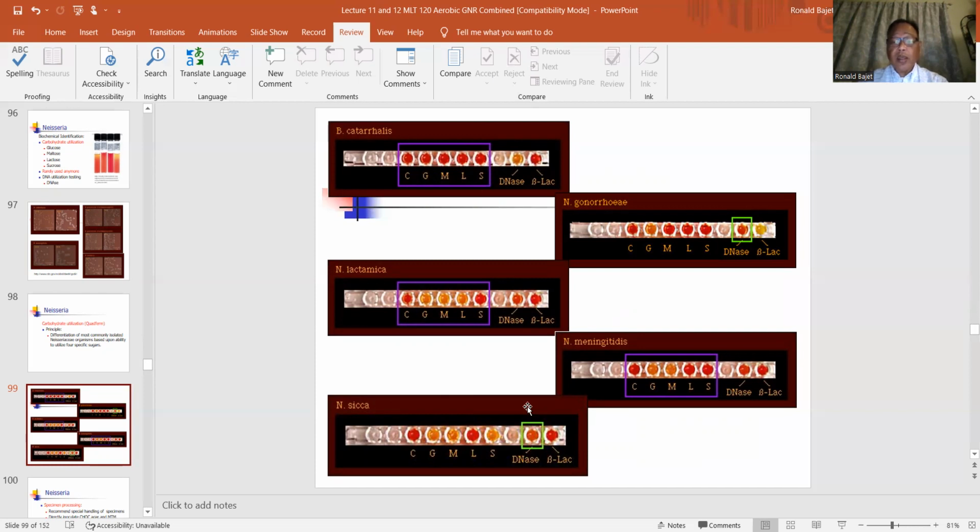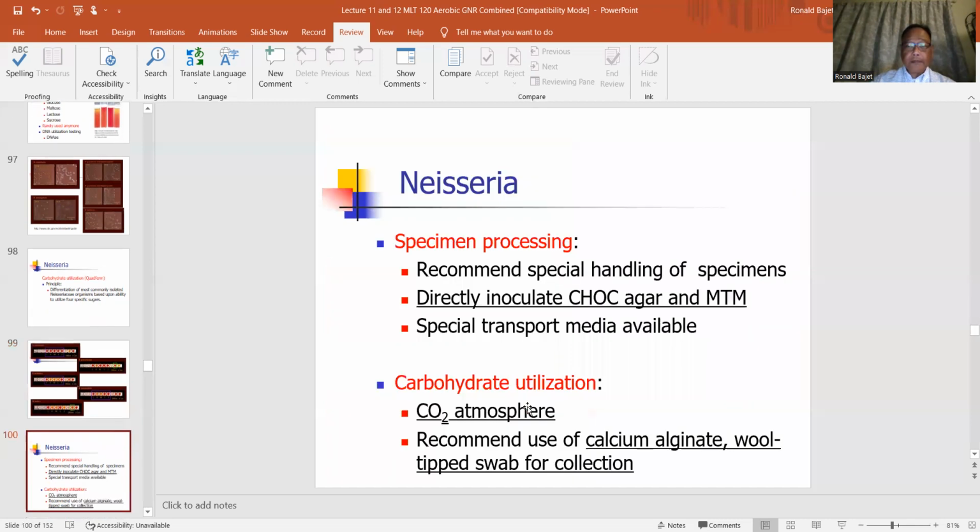C stands for control, but you have your four carbohydrates there. Something like this I can give you on a lab exam, on a lab quiz. So make sure you're familiar with this, and you can see the positive reactions for the four carbohydrates, okay?